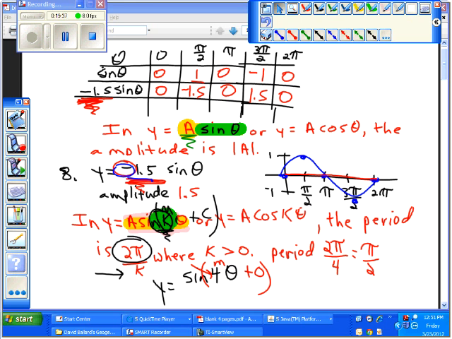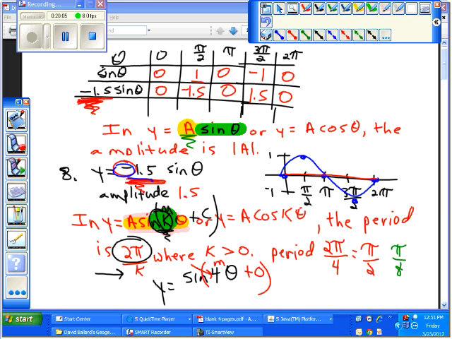Okay, now let's think about that. If we want to graph it and it's going to happen in pi over 2 and we want 4 chunks, what do we have to do? We have to divide by 4. Well, if we divide by 4, we get pi over 8, right? That means every pi over 8, some major thing happens.